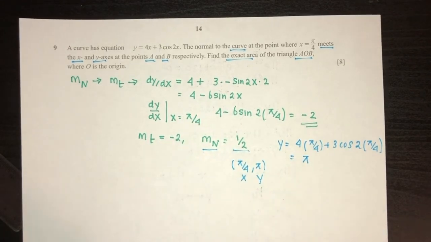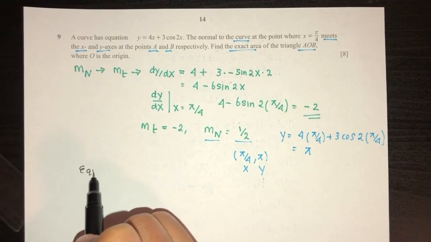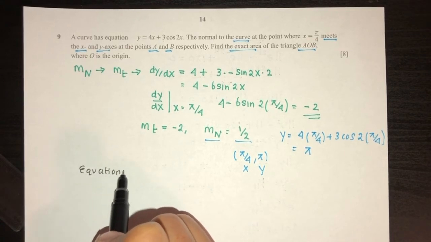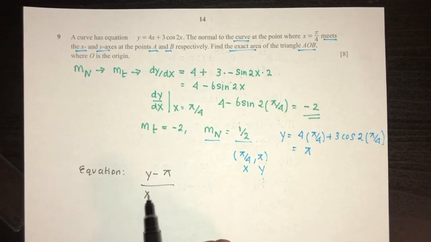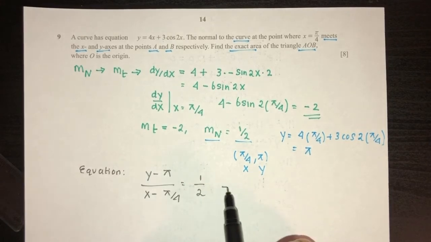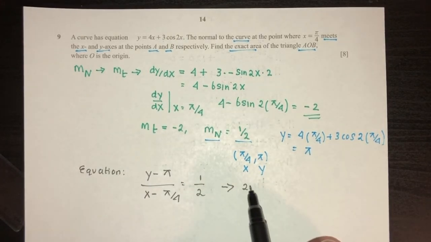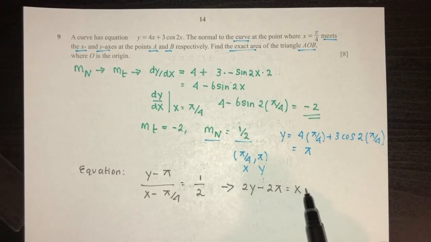So we can find the equation of normal. The equation of normal is y minus pi over x minus pi by 4 is equal to 1 over 2. Now you cross multiply, it becomes 2y minus 2 pi is equal to x minus pi by 4.